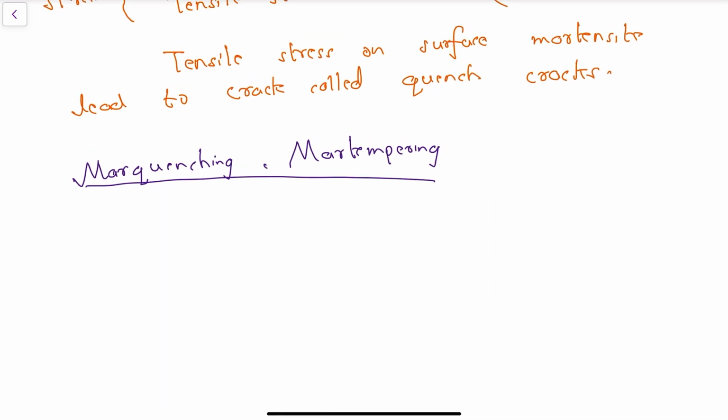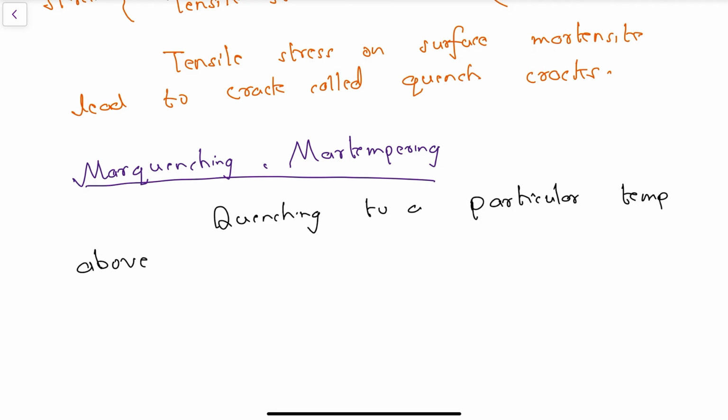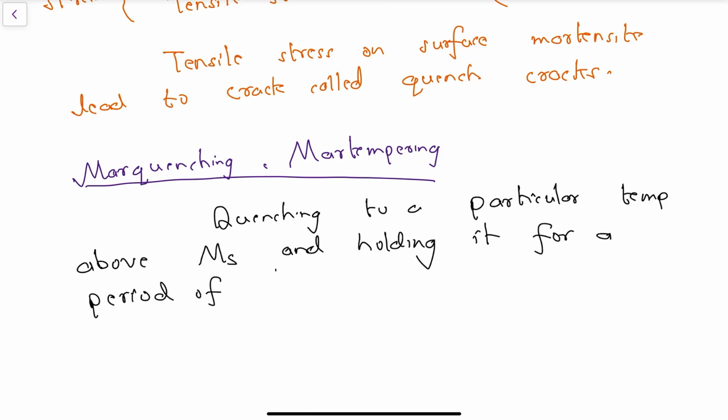That means we are quenching it to a particular temperature above where martensite formation starts, holding it for a period of time, and then cooling it.